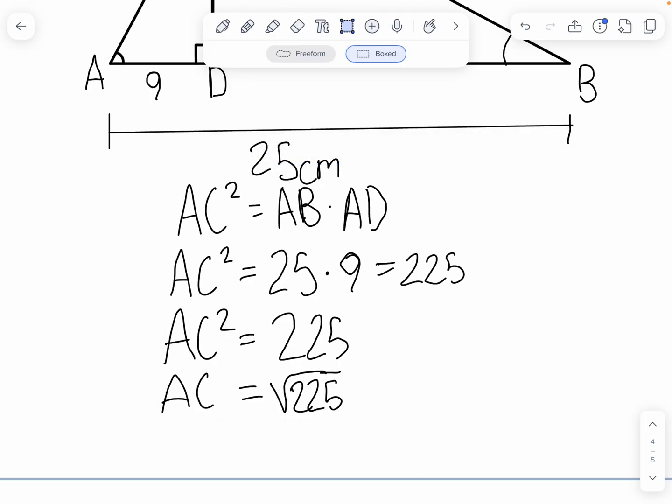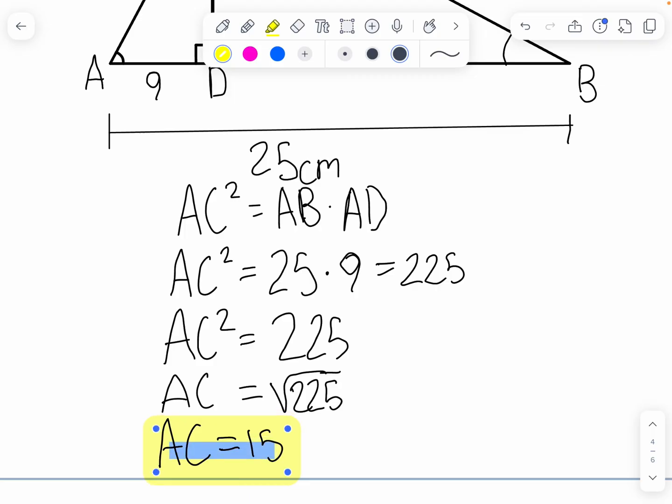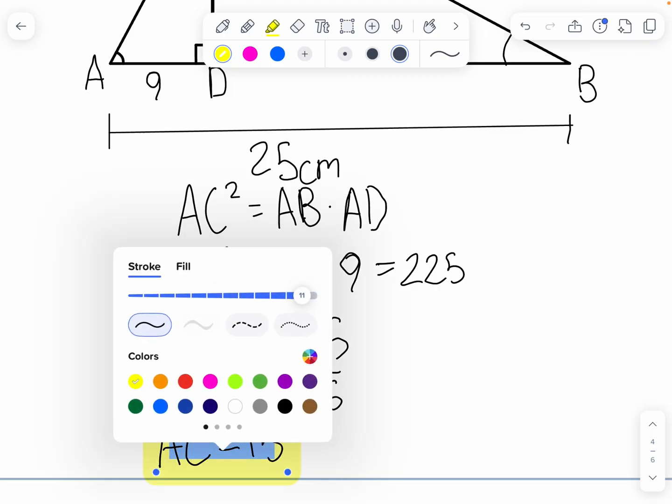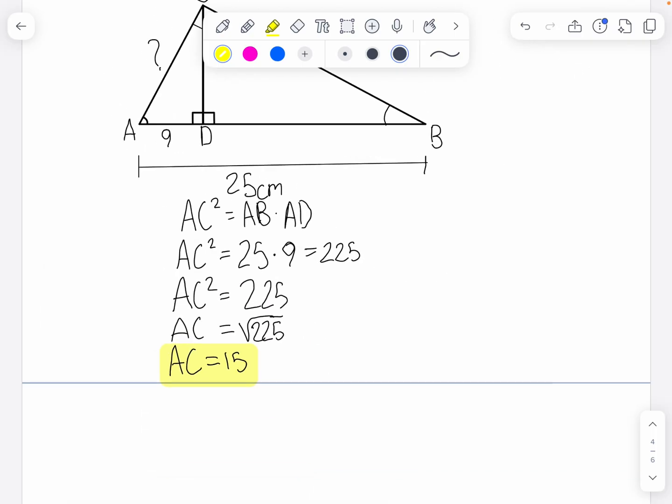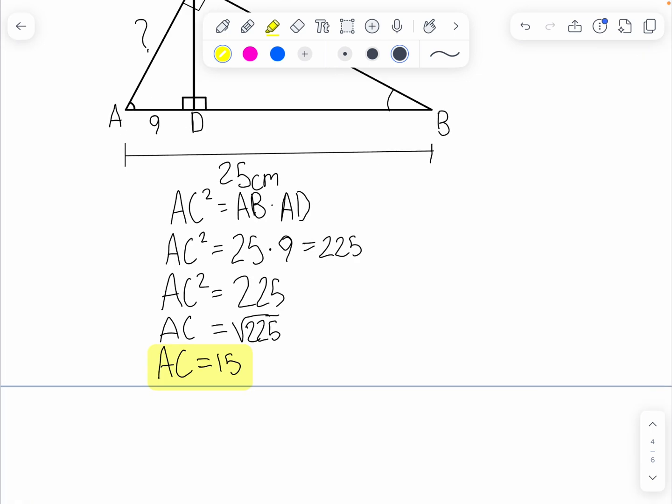And AC in the end equals 15. So this is our answer. On to the next question.